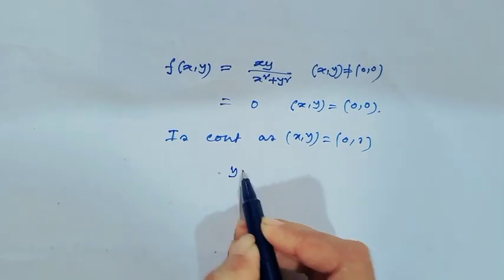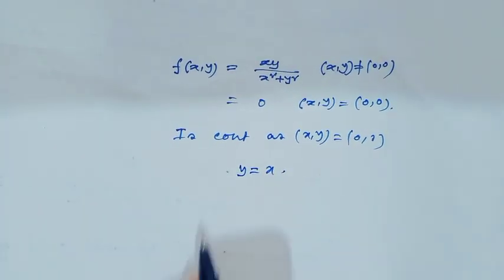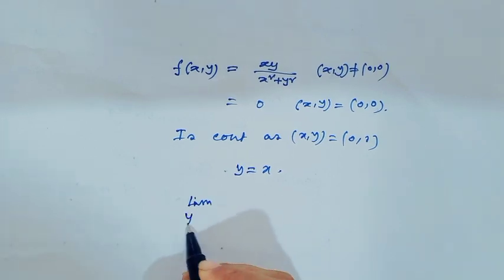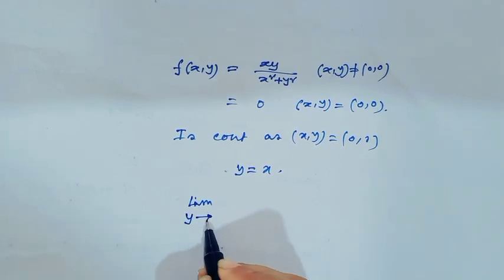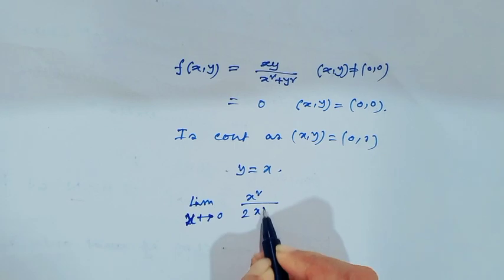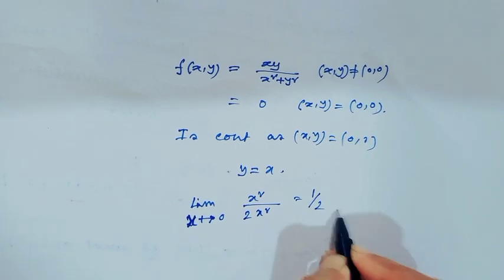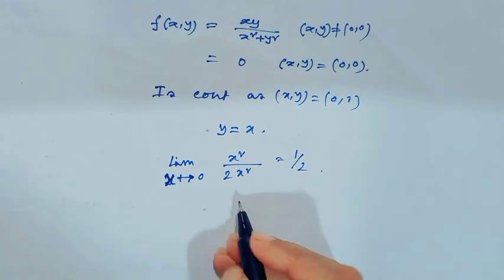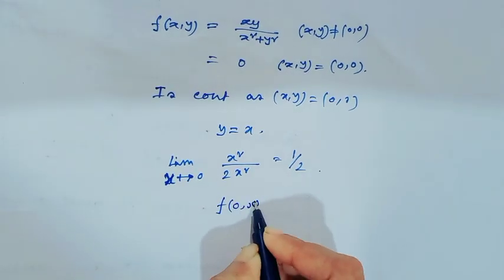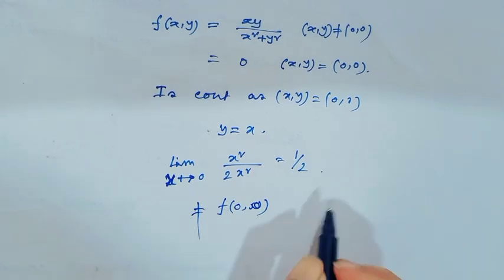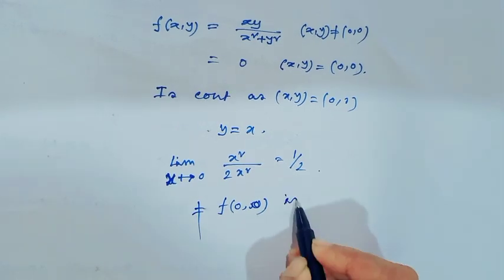For this, consider the path y equals x and the limit as x goes to 0 of x square over 2x square. This value would be half after putting the limit, and this value is not the same as f of (0, 0). So, we can tell easily this function is not a continuous function.